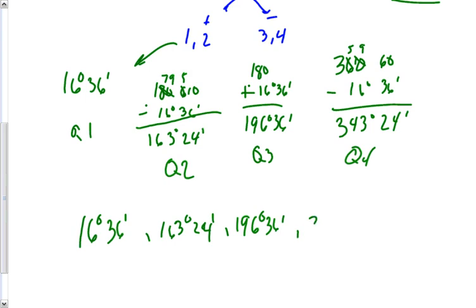And our fourth solution, which is 343 degrees, 24 minutes. Notice how they share those same ends. That should happen. They're representing the same reference angle. And this is our solution set. Just be careful. This one's a lot harder to check. You're going to need your calculator to do it. Just be aware of that, and you'll be all set.